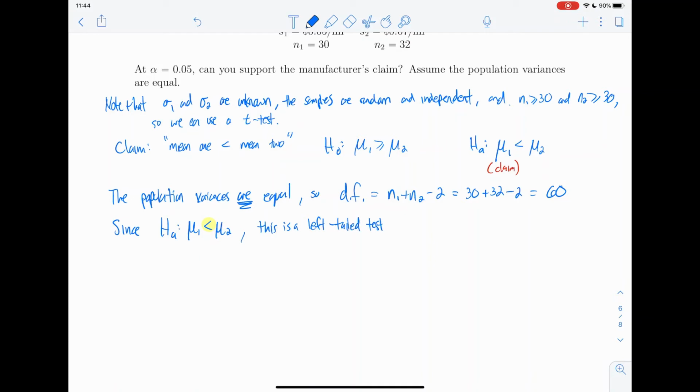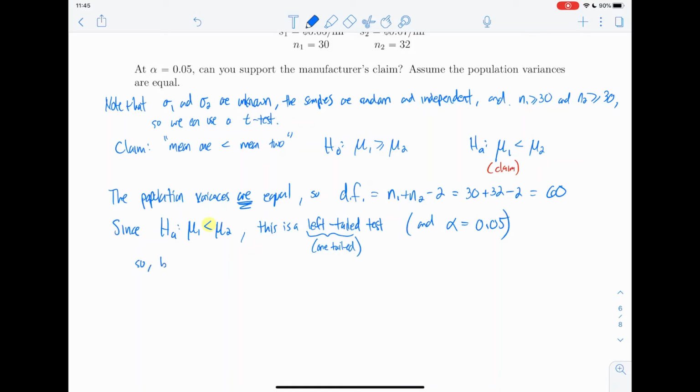In the context of the t-table, remember that being left-tailed simply means one-tailed. Being left-tailed means that when you look in the one-tail column, you're going to take the negative t, as opposed to the positive if it was right-tailed. We might also write here, parenthetically, that our level of significance alpha is 0.05.